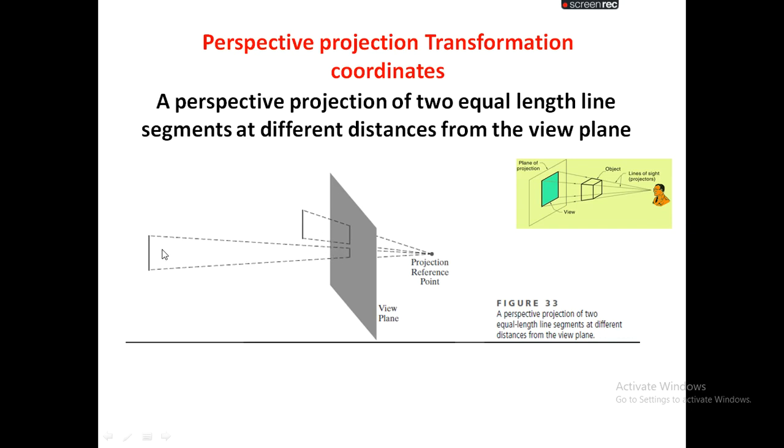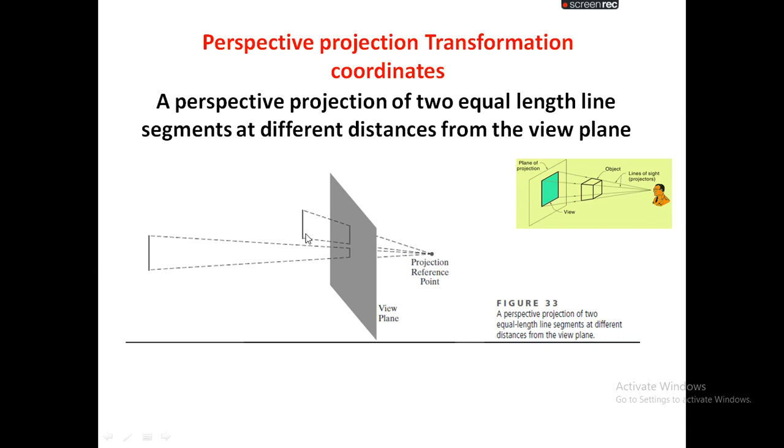Assume that there are two line segments, and we have one projection plane, or I can say one view plane, and we have a converging point here called the projection reference point. Please consider three things in this image.